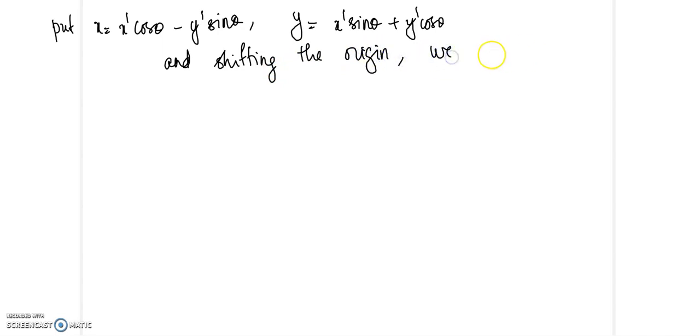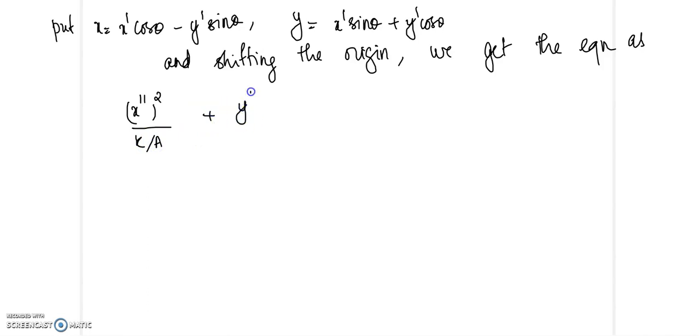So this is the final form we get. So we are going to get in the final form x double dash whole square by k by a plus y double dash whole square by k by b equal to 1 when k is not 0.